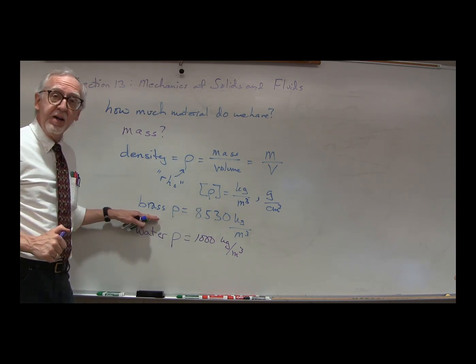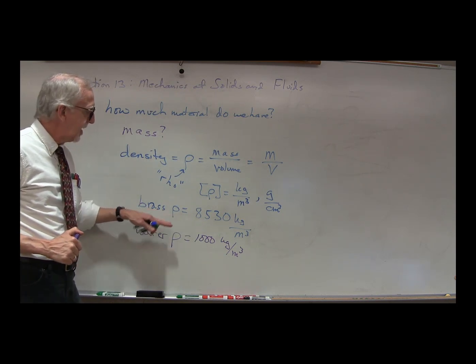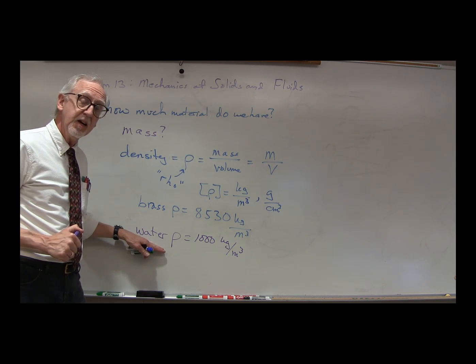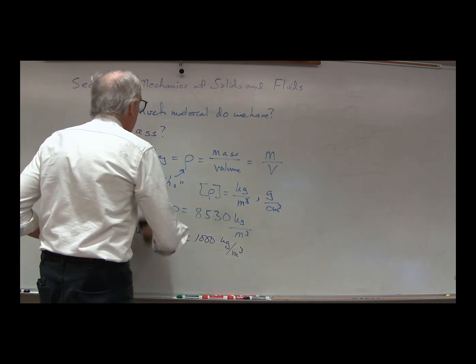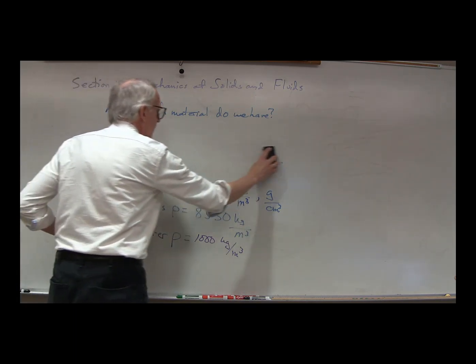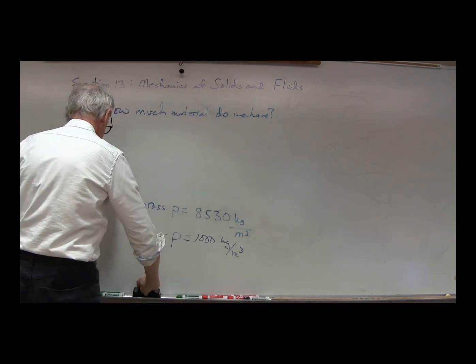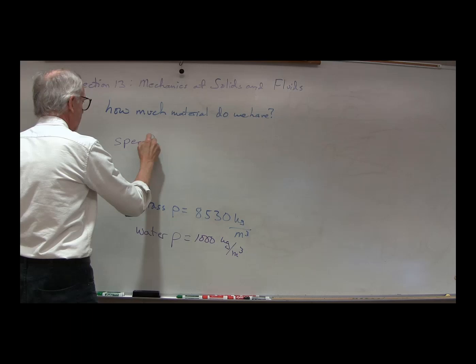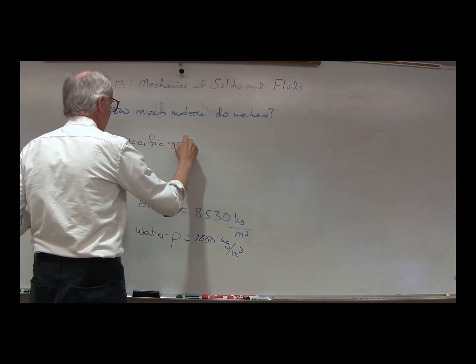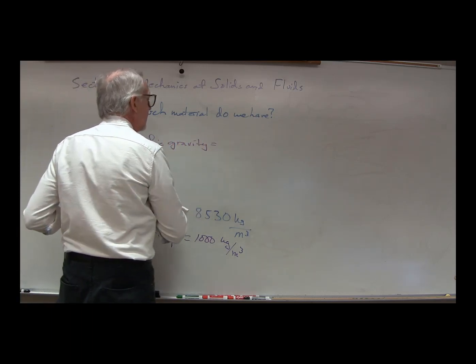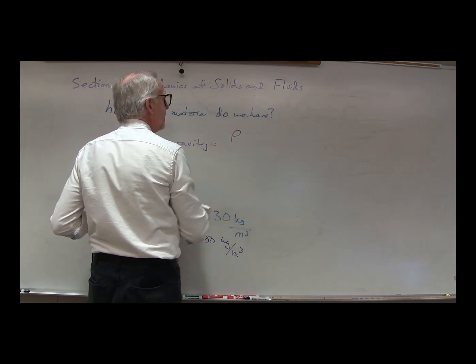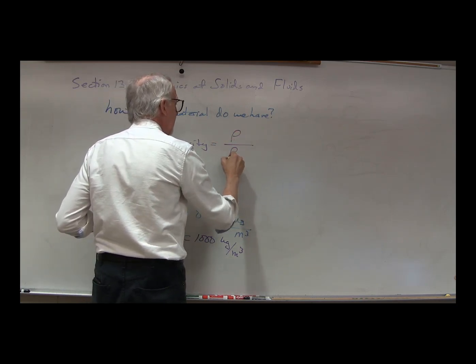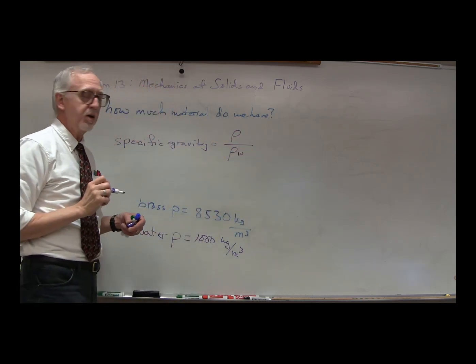There is another quantity that is often used to tell us the relative density of something, and it is called the specific gravity. It is the density of the object divided by the density of water.